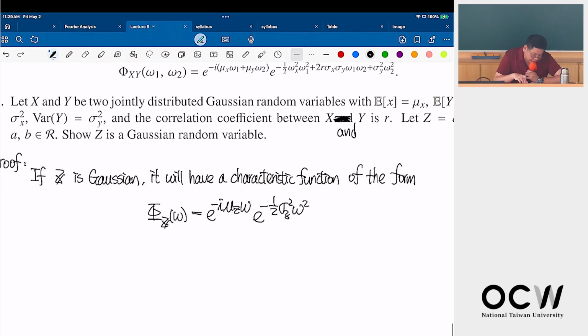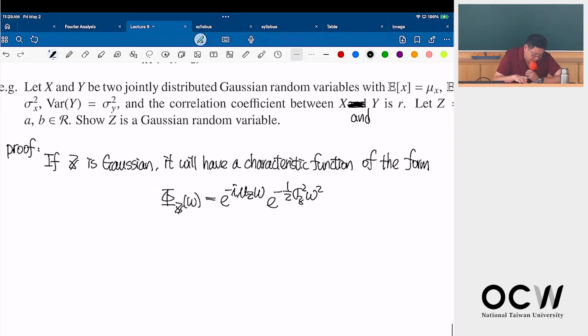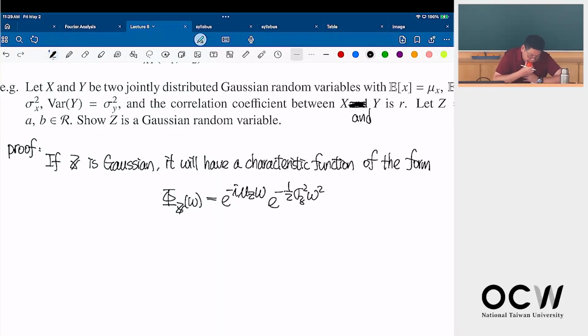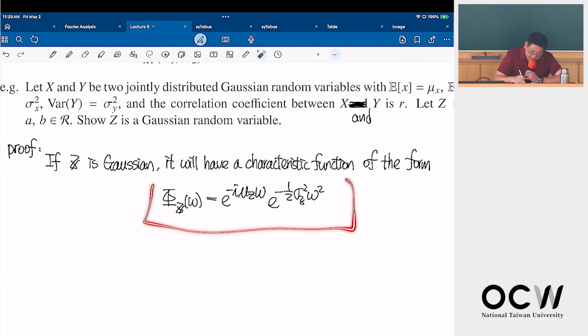That is the characteristic function. For the exam, we will give you the table of some basic knowledge that you should know, so sometimes you don't need to really derive it. But based on this, let's see what the characteristic function of Z is. If I have this form, then we know that Z is Gaussian.